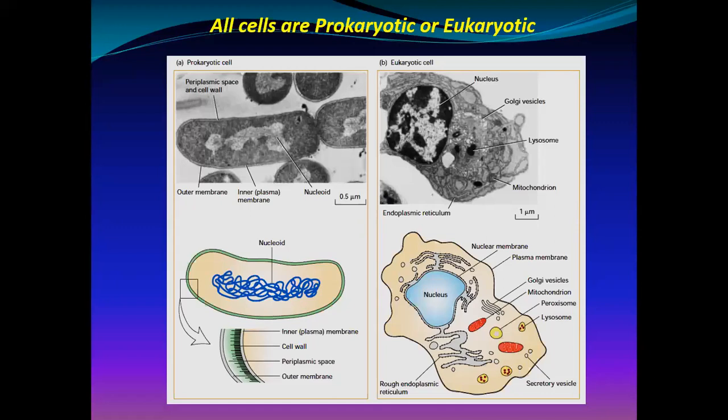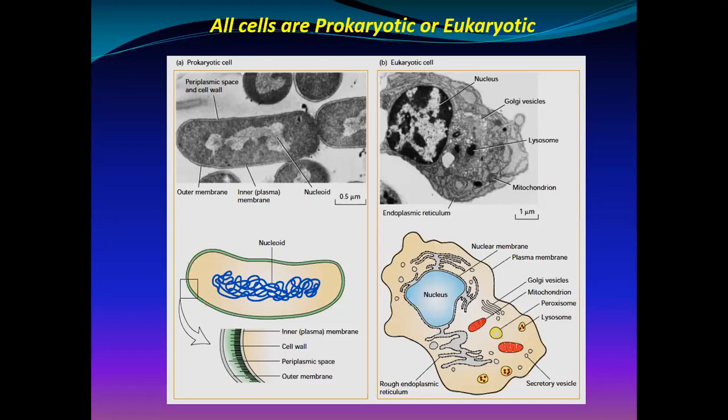On the other hand, in a eukaryotic cell, the genetic material is covered by a membrane, that is the nuclear envelope or nuclear membrane, and the DNA is associated with histones, and you have organelles. The plasma membrane encloses the organelles and the cytoplasm.